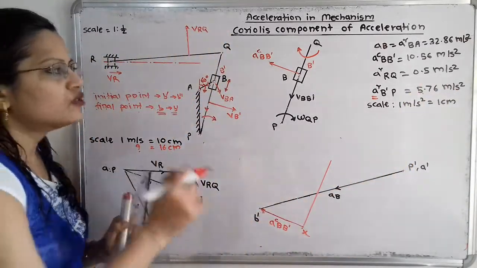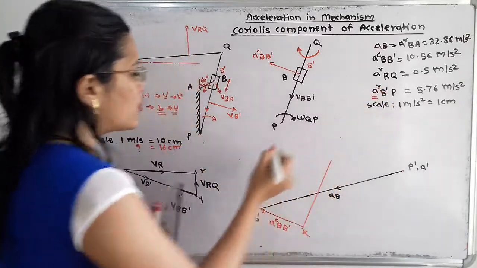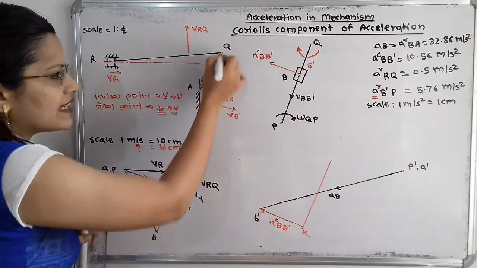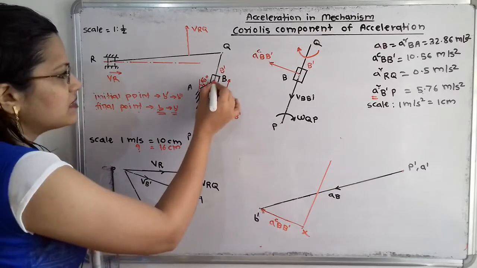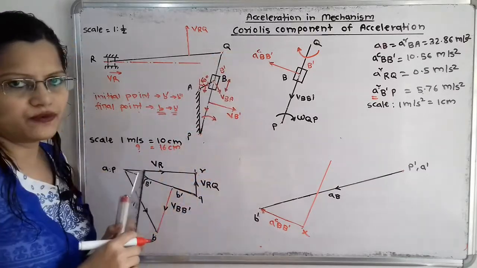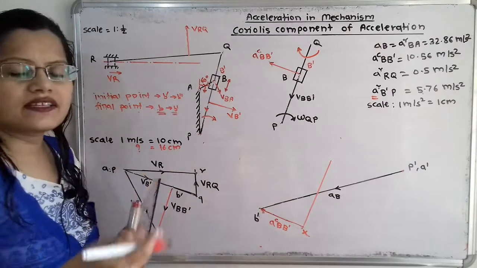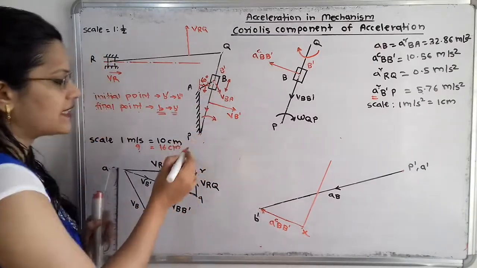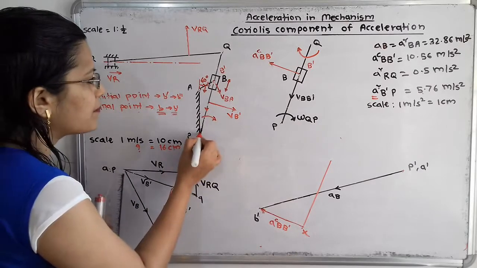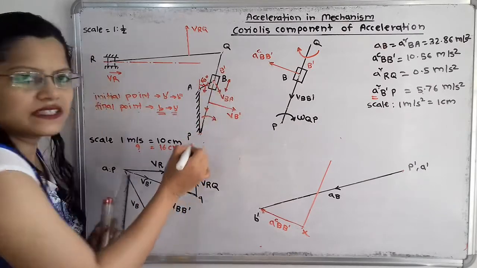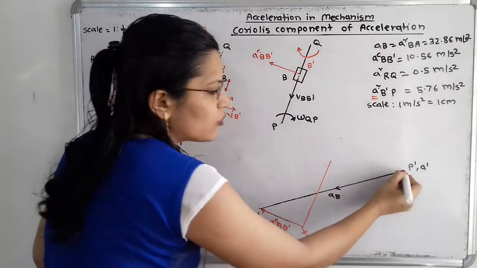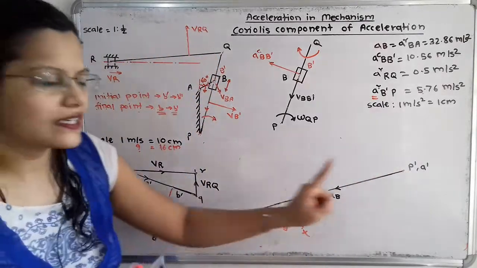We know that this radial component is parallel to the link PQ, because B dash is a point on the link PQ, and the direction should be shown towards the center. So in this vector P to B dash, P is the center and the fixed point, and that we have already located here.